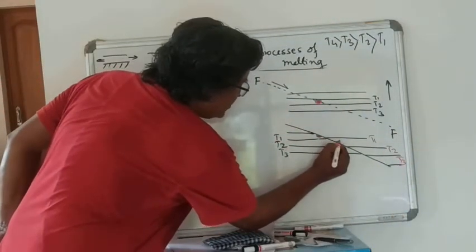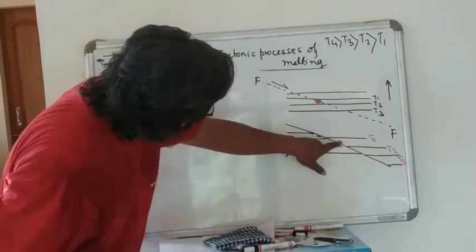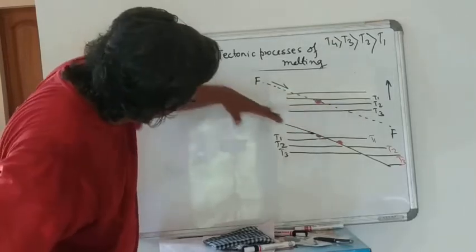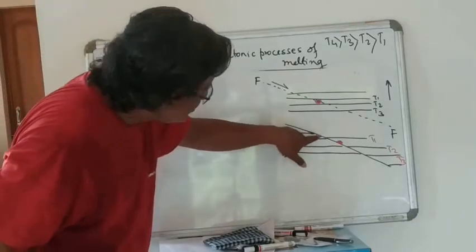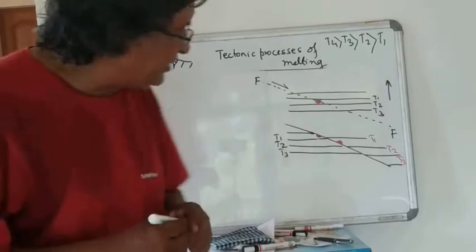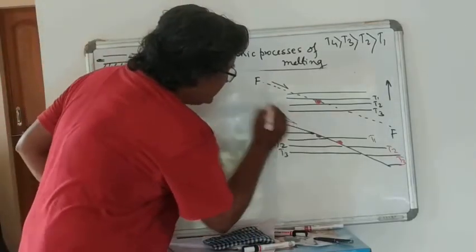These two halves were essentially here, between T1 and T2, and the fault plane through it. Now what has happened? This half has remained here, and this half has gone down there. So there has been a displacement because of the faulting, this is a normal fault.